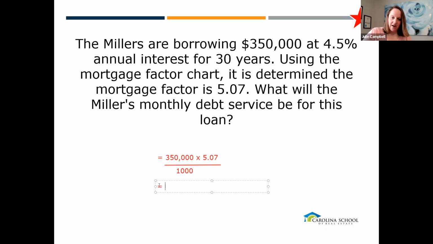Then we divide that by 1,000, and we get a monthly principal and interest, a monthly debt service, of $1,774.50. Now we have the monthly payment every month for the next 30 years. Quite frankly, we now have everything we need to amortize this loan for the next 360 months.